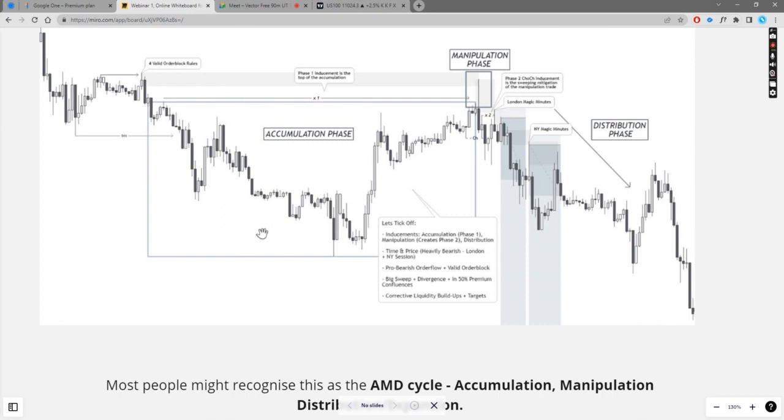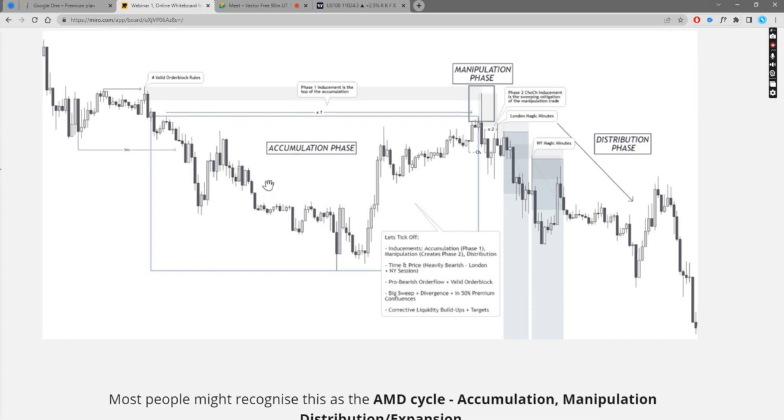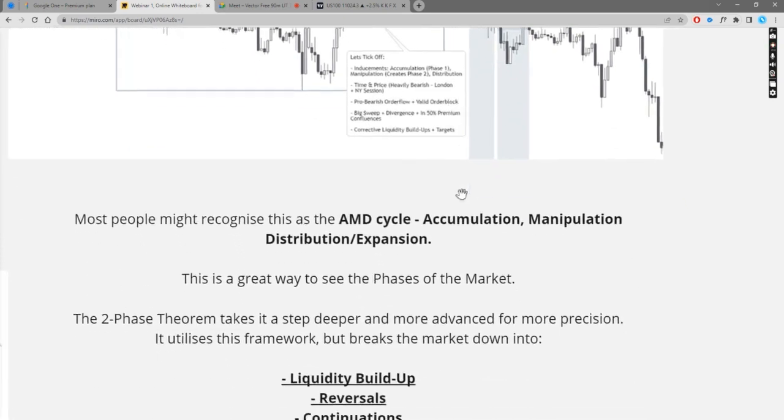So looking at this, our accumulation is our liquidity build-up, and it's where we don't want to trade. We don't want to trade in our accumulation because we know it's going to end up getting liquidated. You can, if this is 4 hour, it's very different, okay, because you can trade in the 5 minutes within this. But if you're a high time frame trader, or you're looking for a higher probability, you got to wait for that manipulation, that strong manipulation wick, like that, okay?